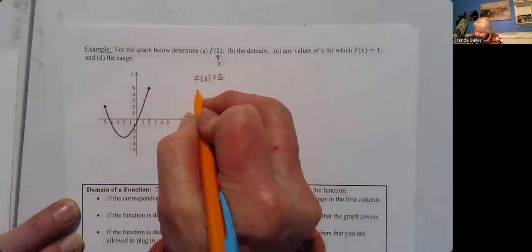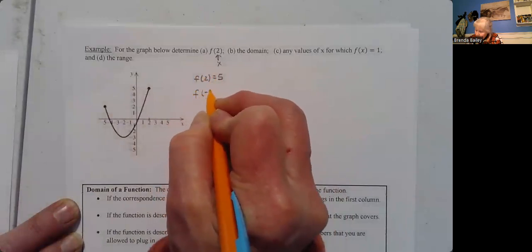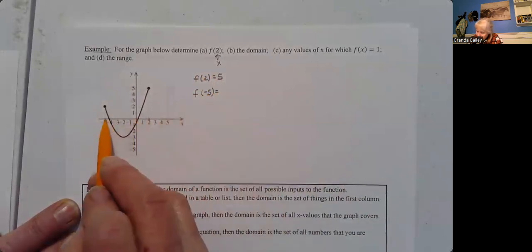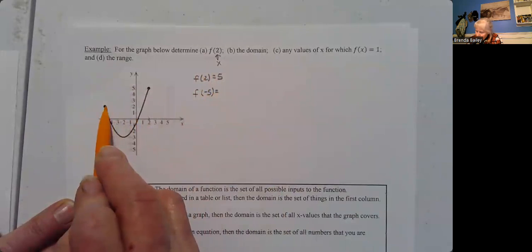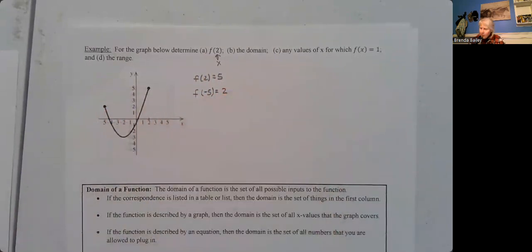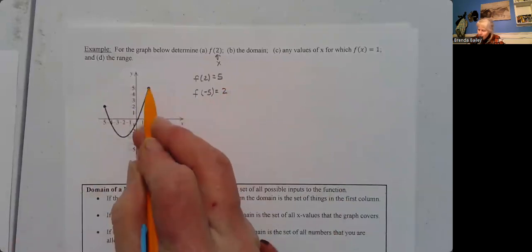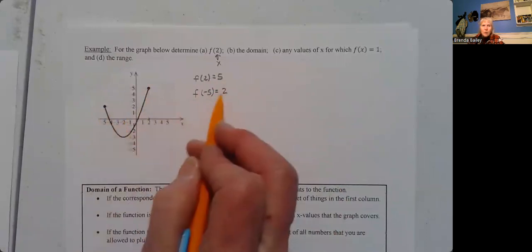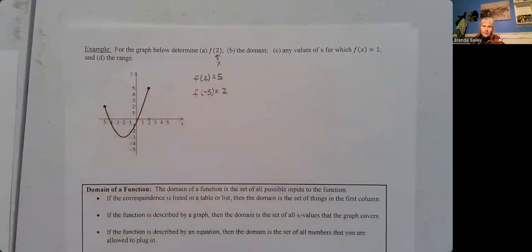Let's do another one. What is f of negative 5? Looking at the graph, you go to negative 5, and the y value is 2. So you have the point (2, 5) and the point (-5, 2) on the graph.